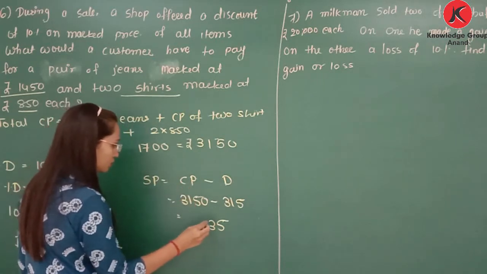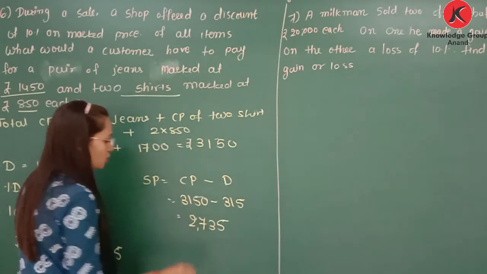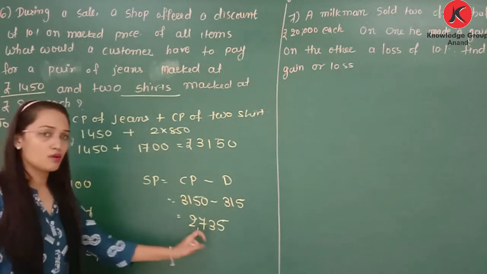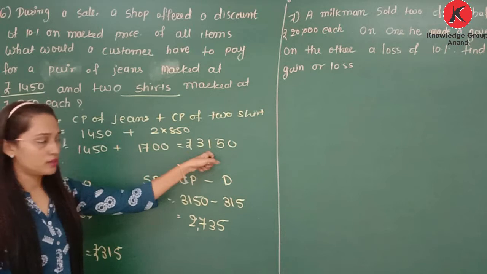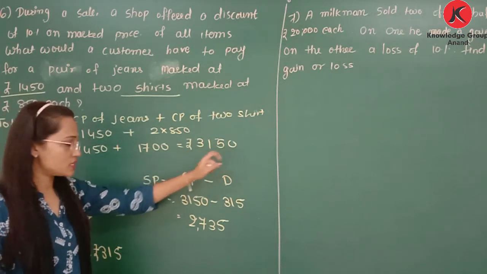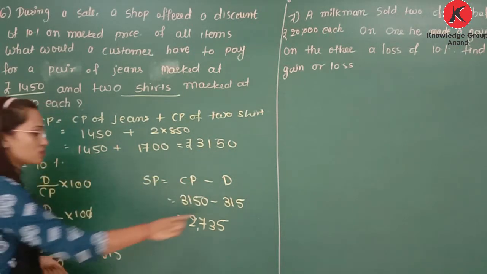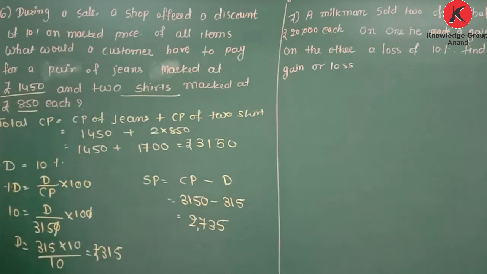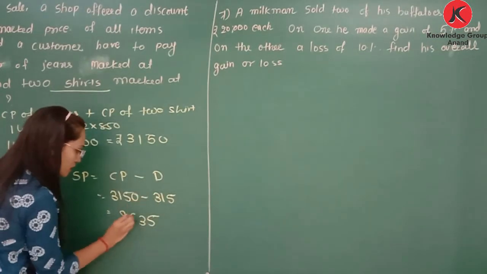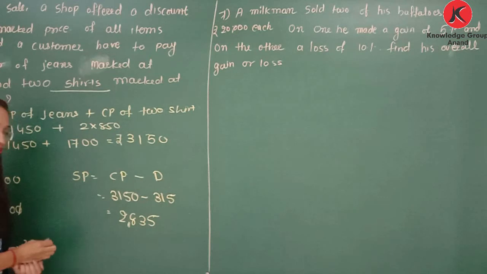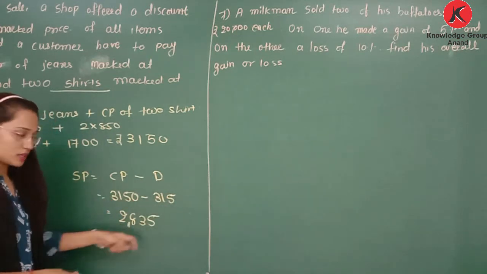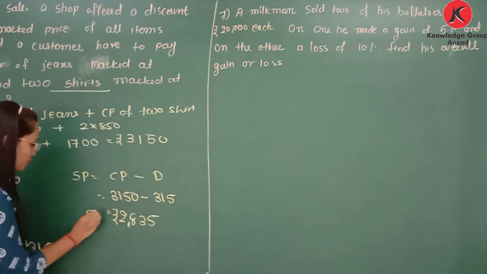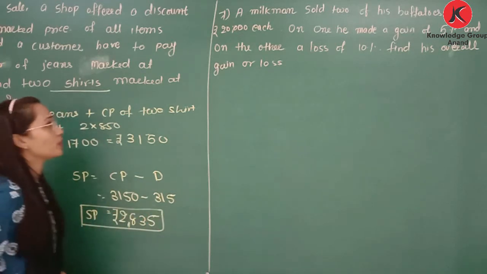So the customer needs to pay 2835 if the marked price is 3150 and discount is 10%, that is 315 rupees. So subtraction of 3150 minus 315 is 2835 rupees. That is SP.